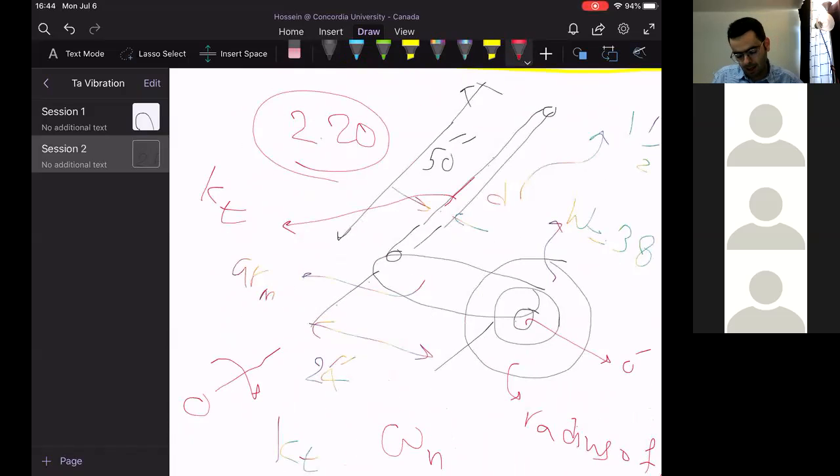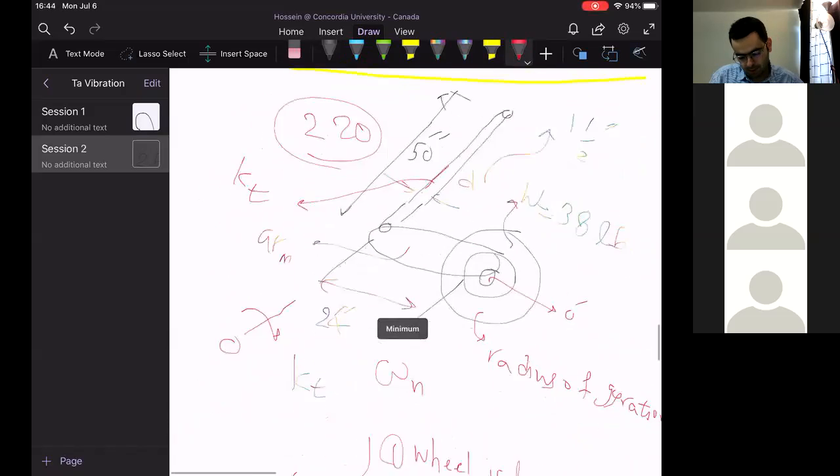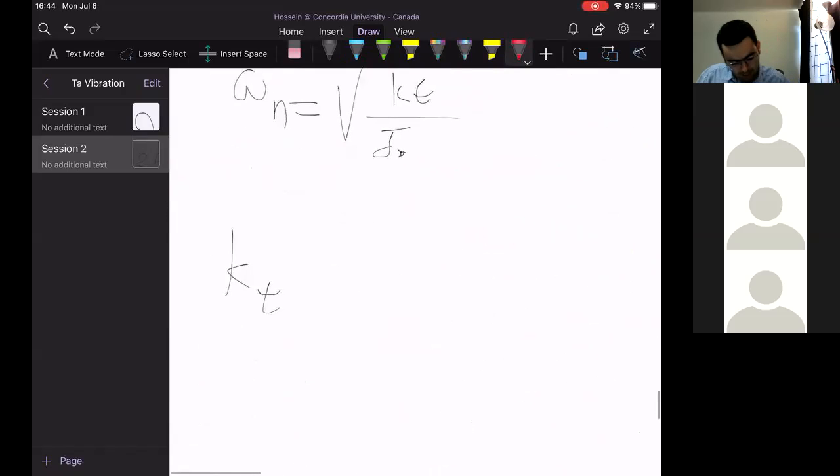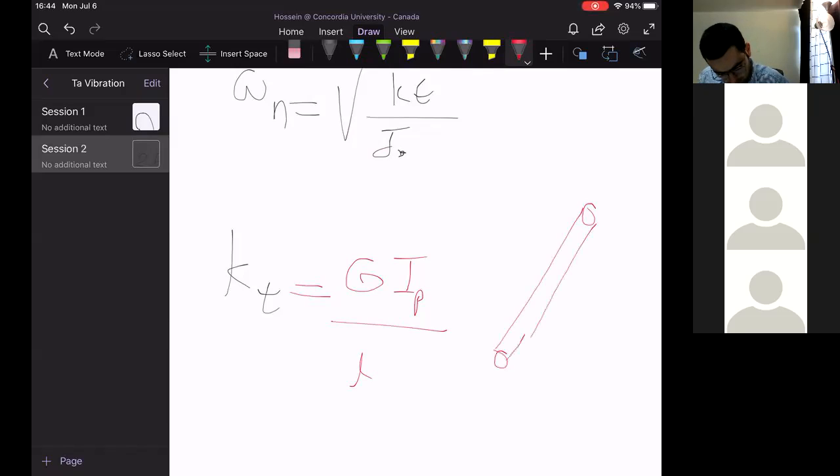There's a spring and mass, rotational mass. So KT then can be written as GI, polar moment of inertia, over L, GI over L. This is the stiffness of a shaft. Okay, this is the L.